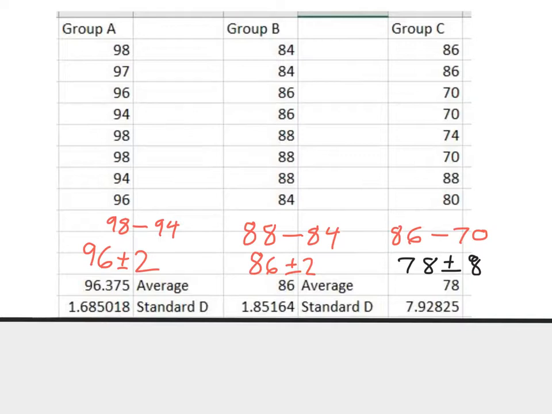Look at that. This class's grade range overlaps with this class's grade range.